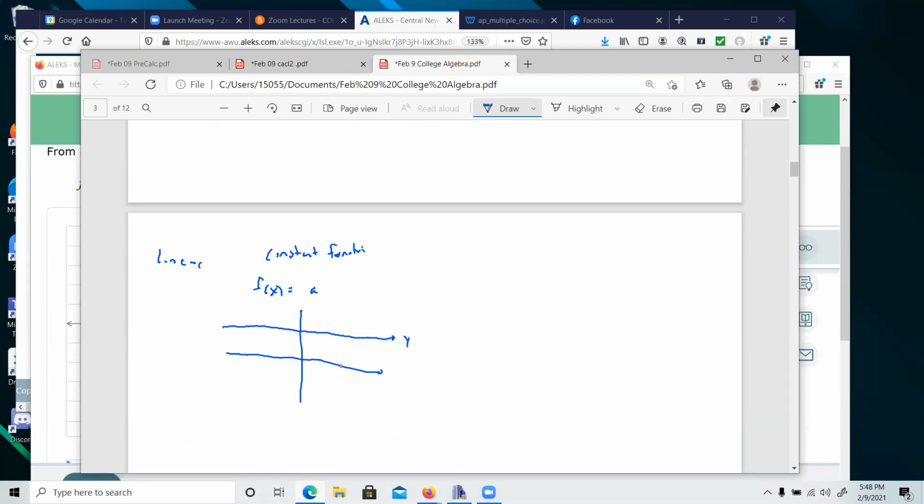Here, there's y equals a, right? Does it pass the vertical line test? Yes. So that's why y equals a, it's a function. That's fine. And then we have the identity function. This is f of x equals x. I'm going to say pretend this goes to the origin because it's supposed to, right? This is just y equals x.